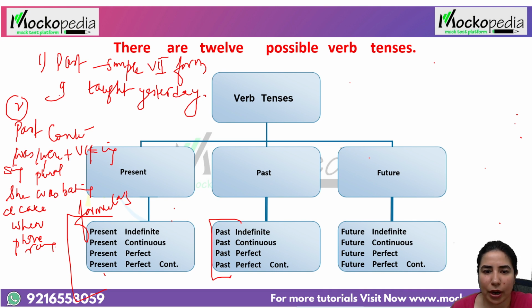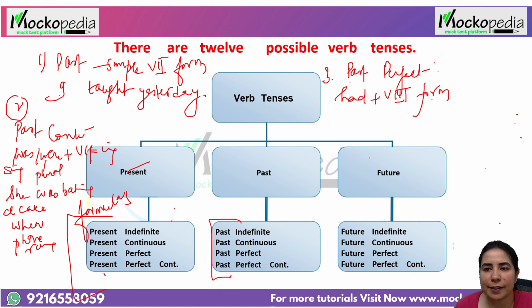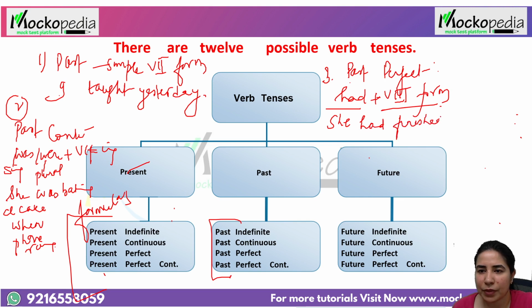So you can use that way also. Let's come to the third one. So the third category we can write here would be past perfect, right? So how do we use past perfect? We say had plus verb third form. So irrespective of whether the subject is singular or plural, we always use had plus verb third form. So I can say she had finished her assignment before the teacher left.